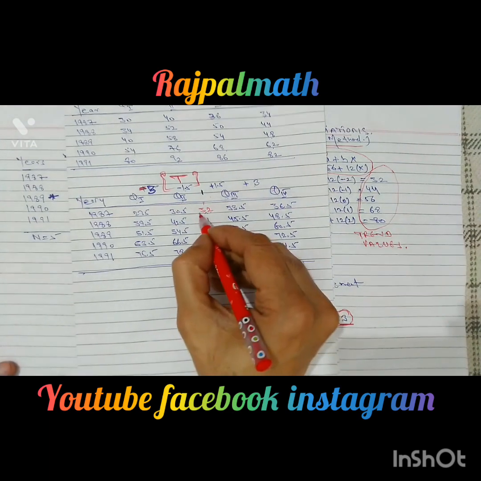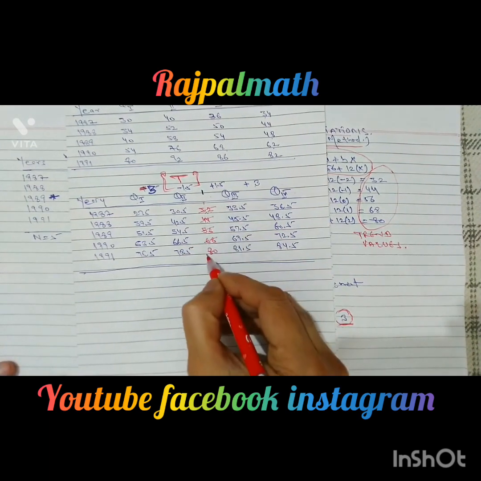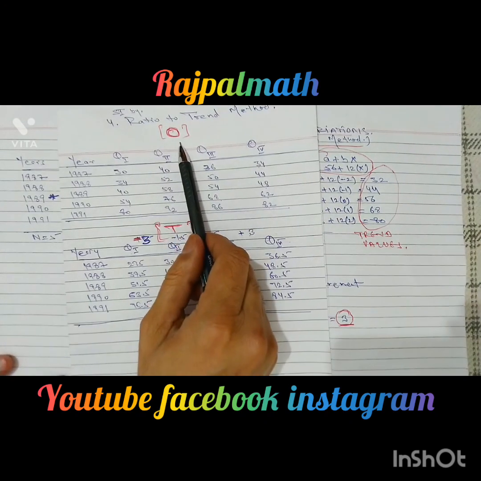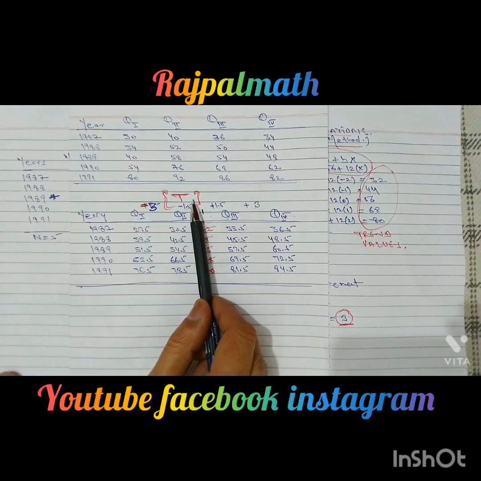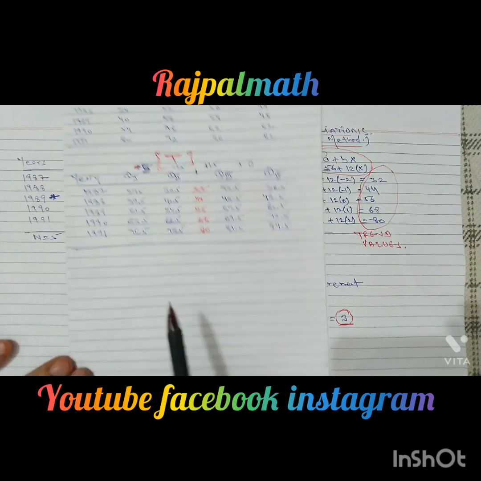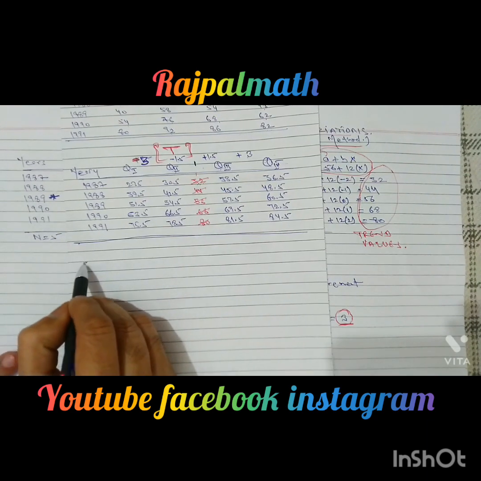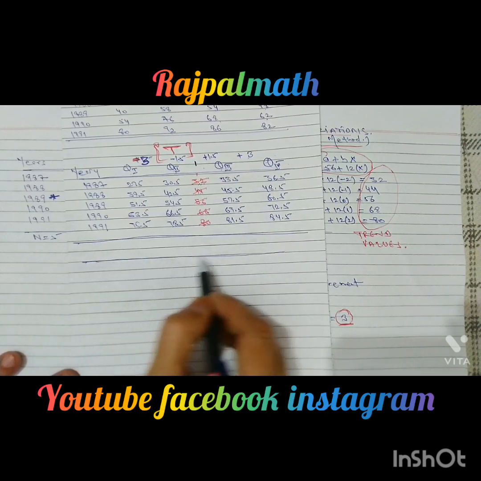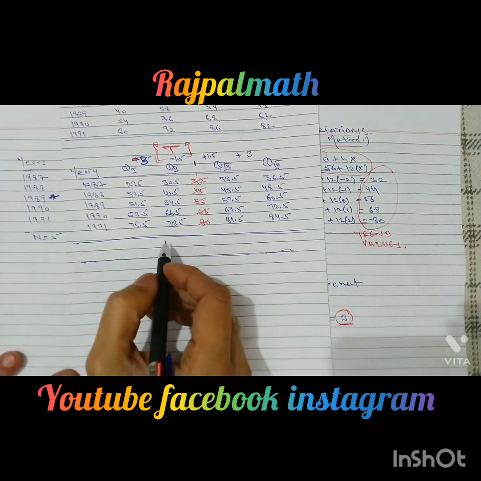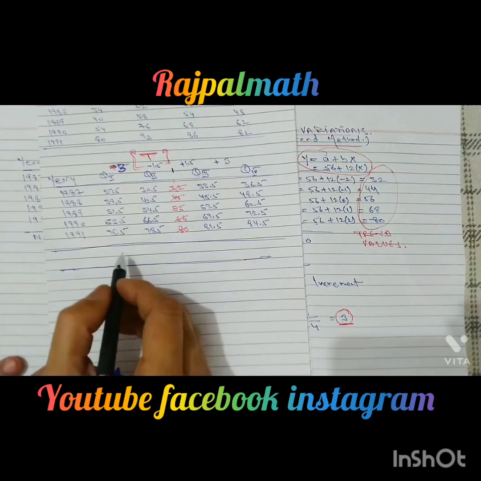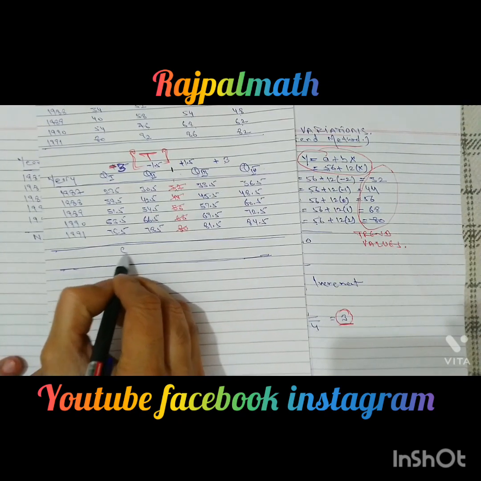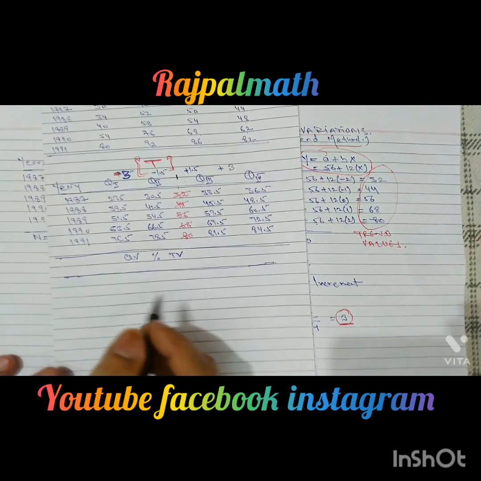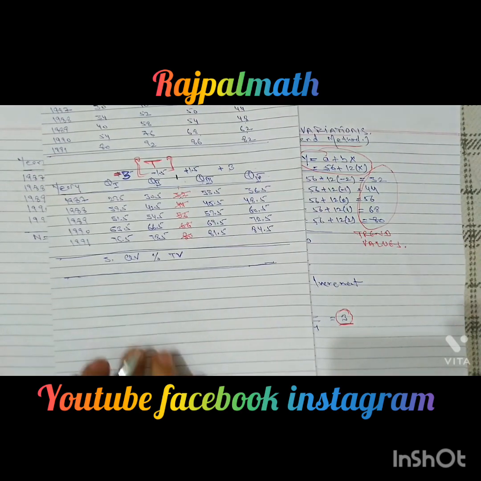Now forget these values. This is the O table, this is the T table. Now calculate the next table: quarterly values as a percentage of trend values, table number 3.